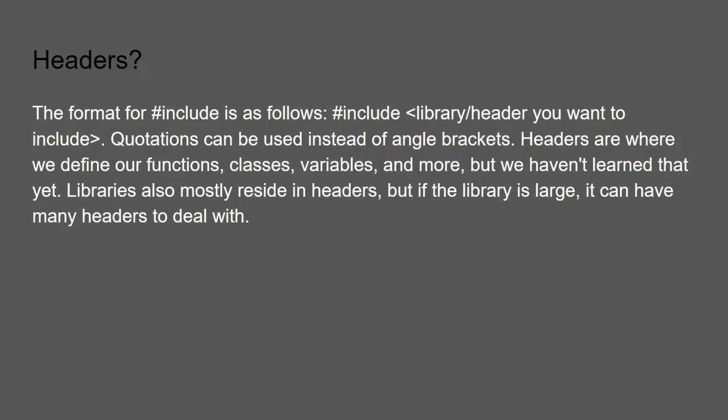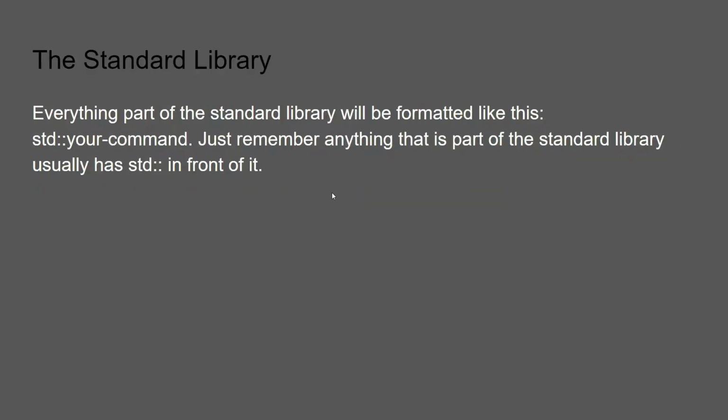It's part of the C++ standard library, which does have multiple headers. So we might include multiple things that have different header names, but it's all part of the standard library. So that's where we get into the standard library.